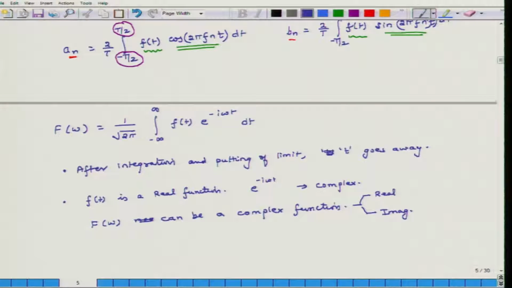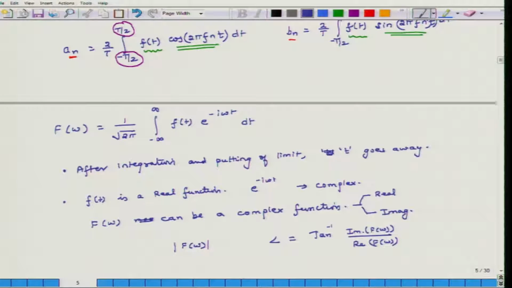So for each omega I may get a real part and an imaginary part, and corresponding to each omega, I will get its magnitude, which is the absolute value of F(omega), and its phase, which will be tan inverse of the imaginary part of F(omega) divided by the real part of F(omega).